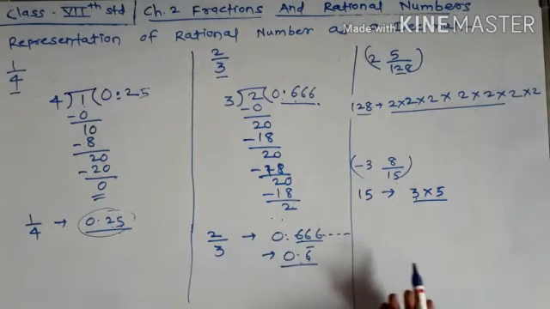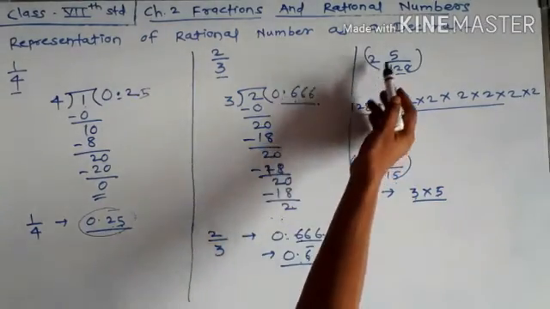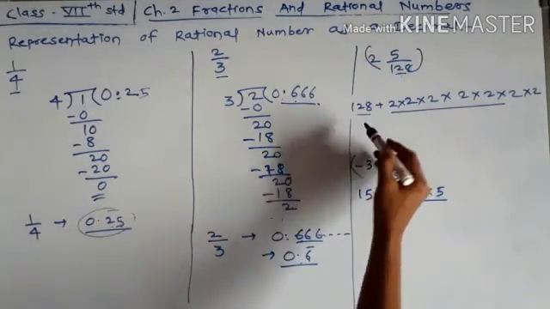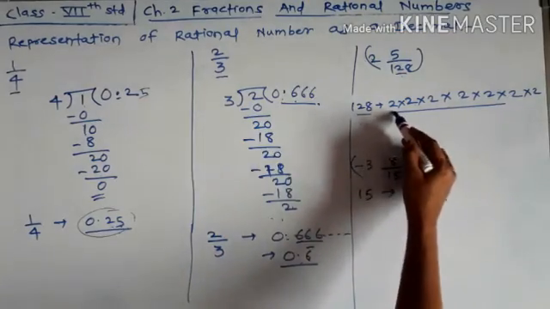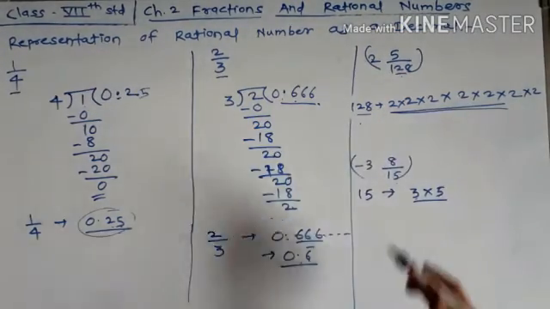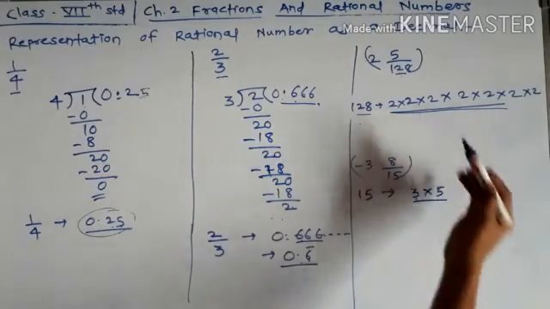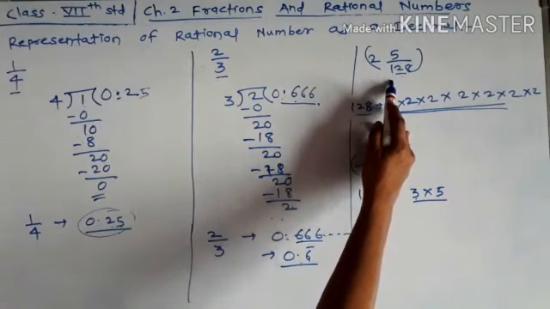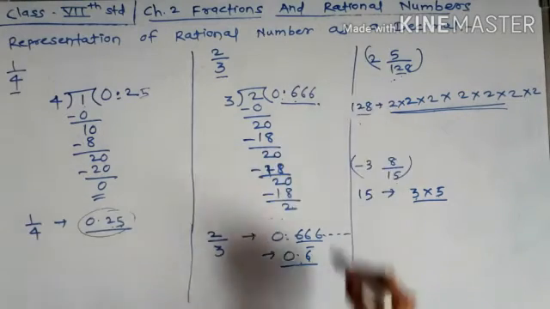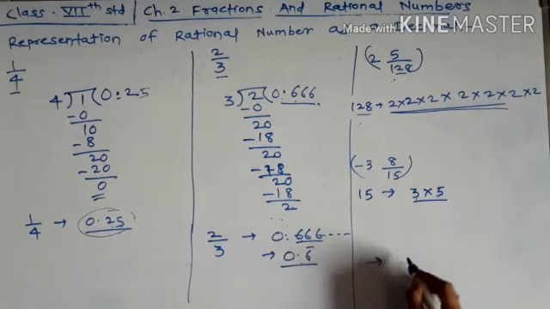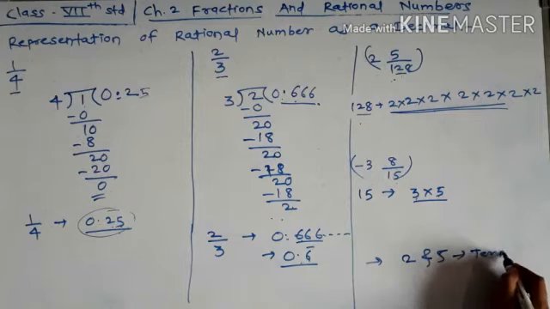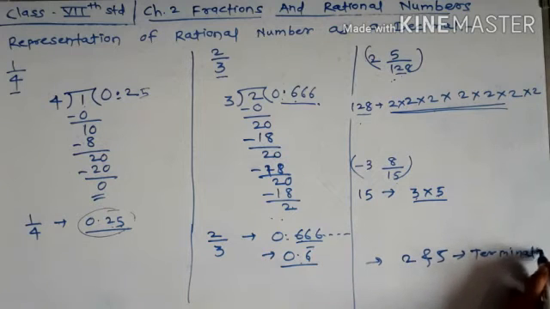For example, suppose we take a rational number, that is 25 upon 128. Here the denominator of the rational number, 128, has only 2 as a prime factor. When the denominator of a rational number has only the prime factors 2 and 5, then it has the terminating decimal representation.